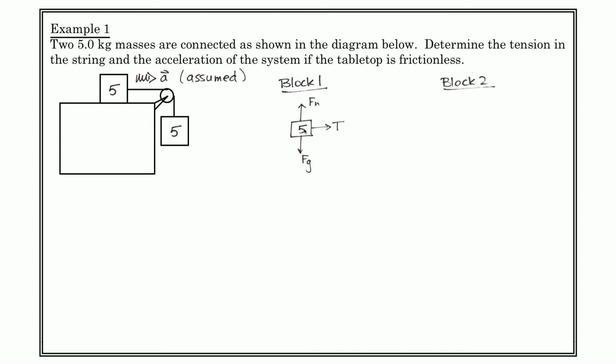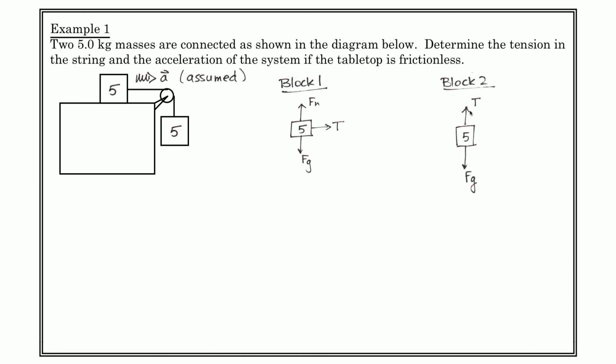The forces that are acting on this guy are gravity in the downwards direction, the normal force, of course, in the upwards direction, and the tension in the string that's pulling this guy along. The second block is this one that's hanging. And this guy is experiencing the force of gravity downwards and a force of tension upwards.